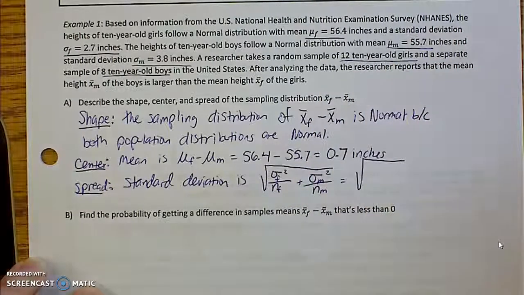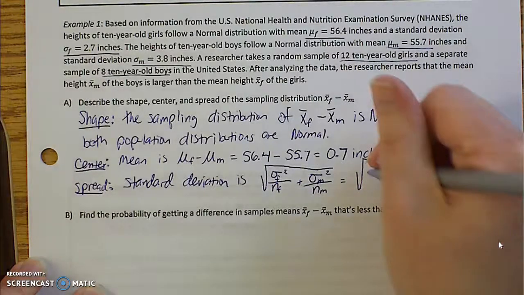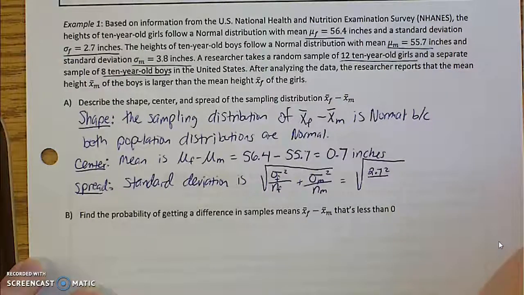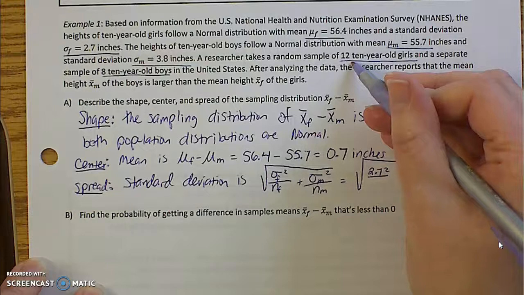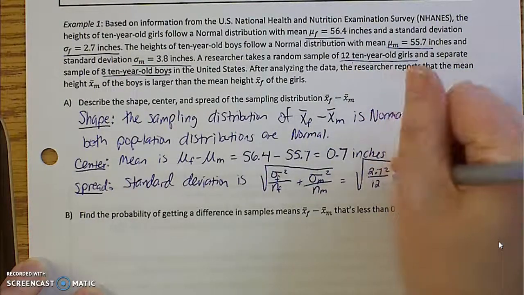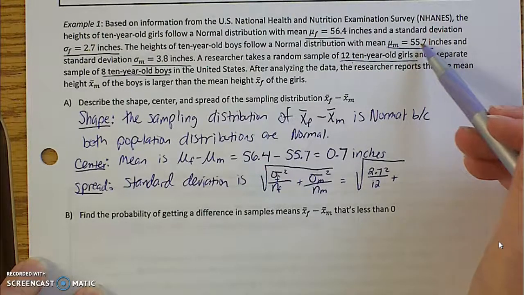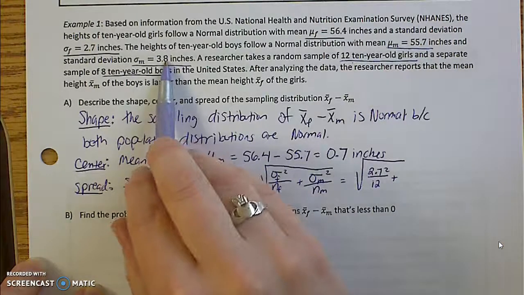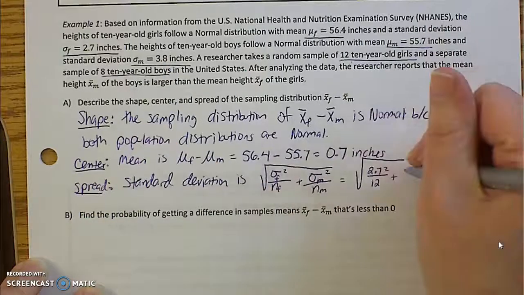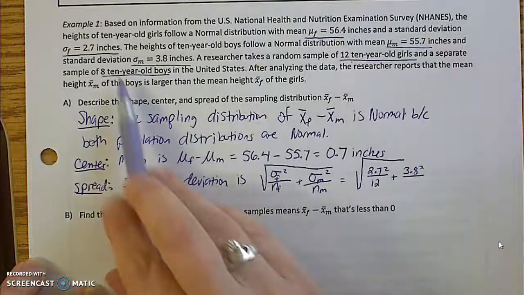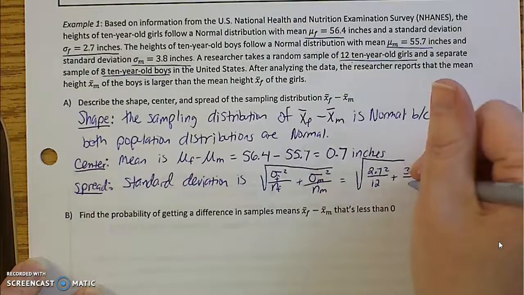So our standard deviation of our females was 2.7, so 2.7 squared over, what was our sample size for our girls? 12. Add that to our standard deviation for our guys, 3.8. So 3.8 squared over, and the sample size for our boys was 8.